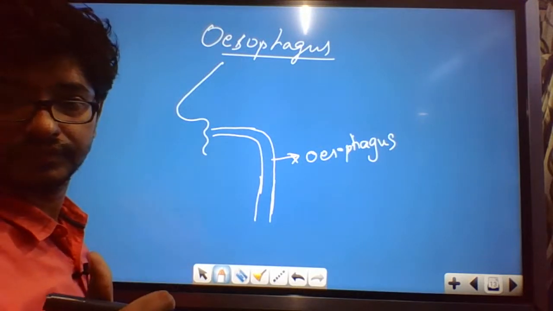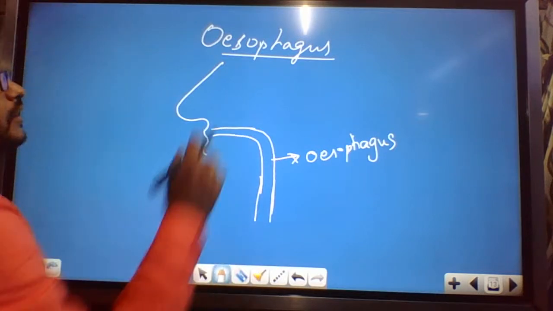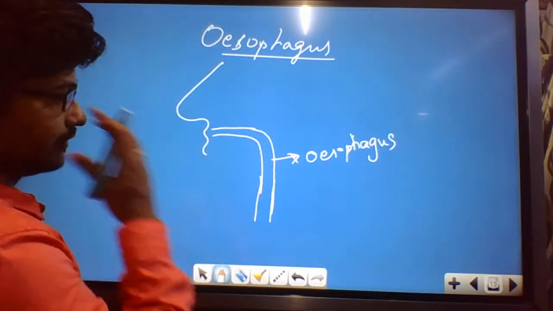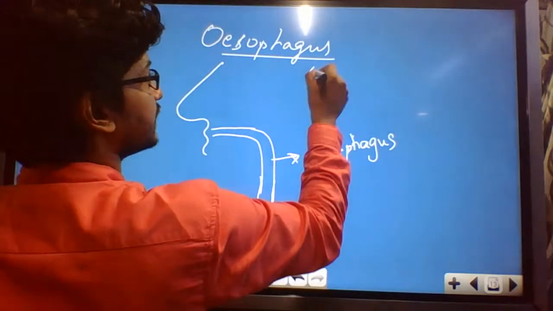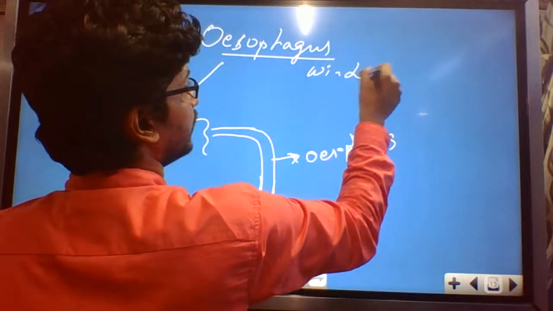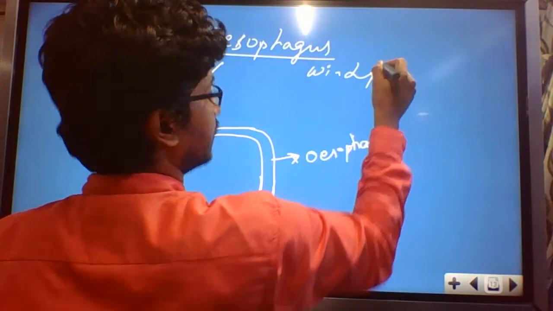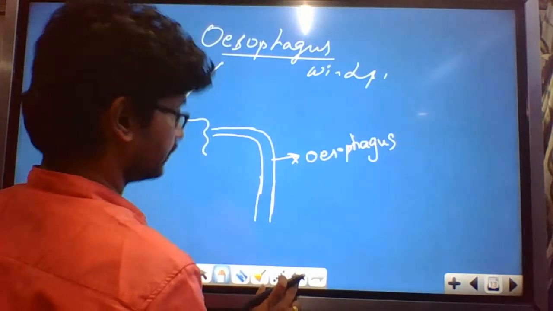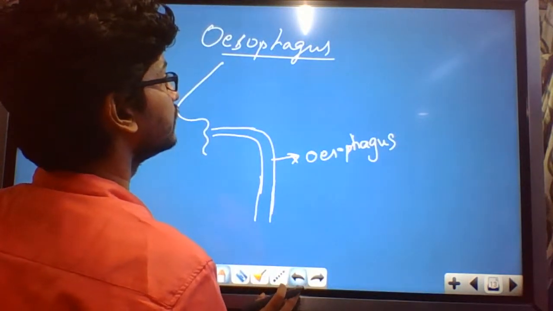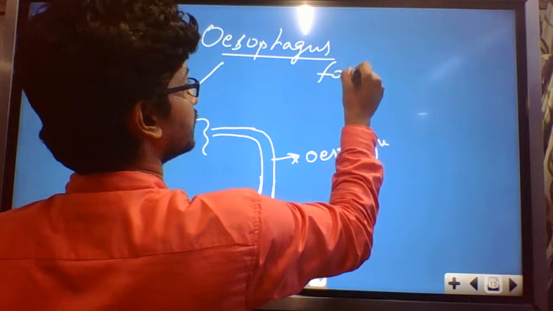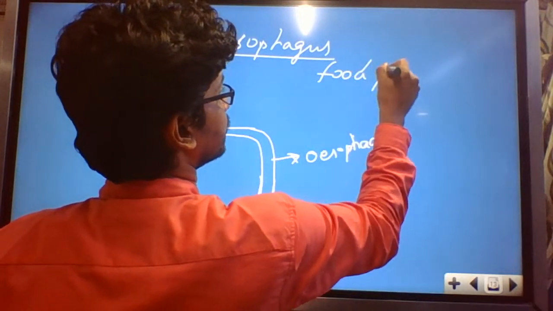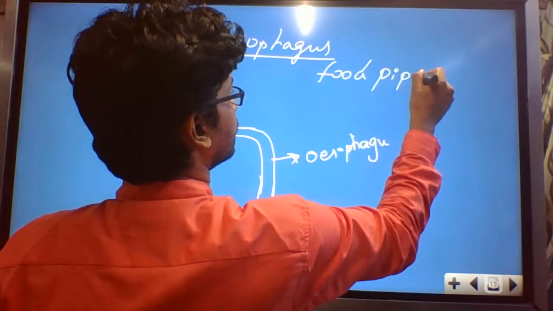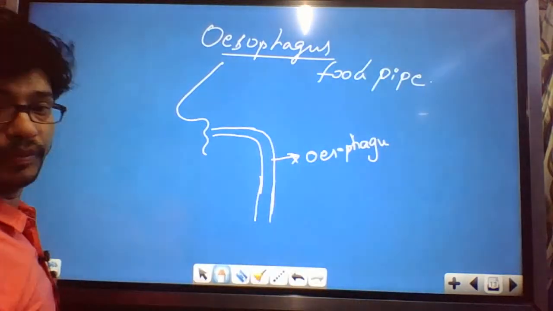Audible? Fine. So we have the esophagus here. The esophagus is a food pipe.